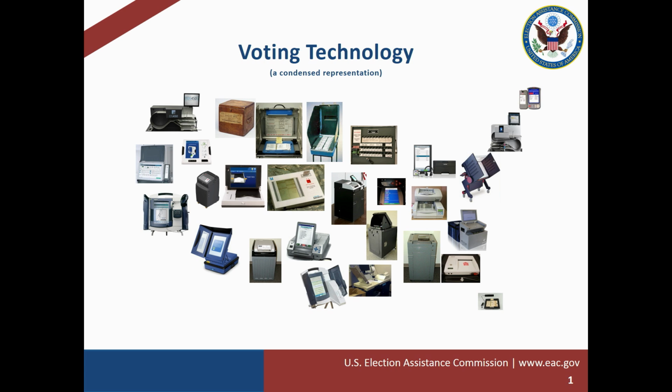Like, oh, what's that? It actually counts paper. And so I just wanted to provide this visual about all the different things that election officials have to manage, as well as all of the policies and processes and rules associated with those things.